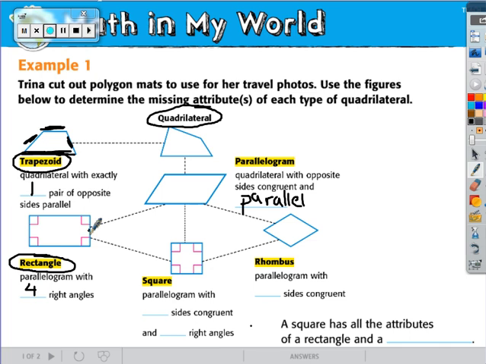So this is congruent with this, and they're parallel. The top is parallel to the bottom, and this side is parallel to this side. On top of that, it has 4 right angles. So a rectangle is also a parallelogram.